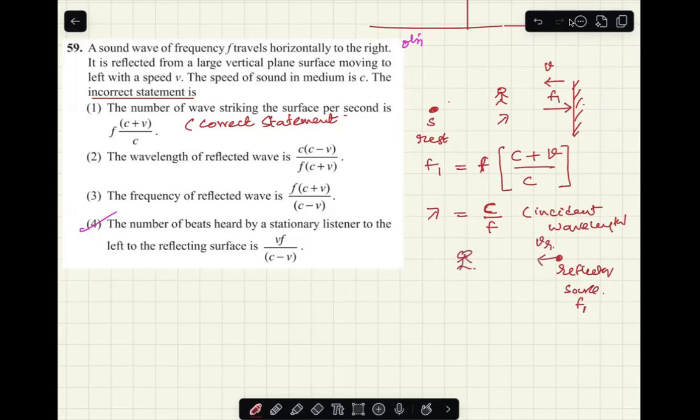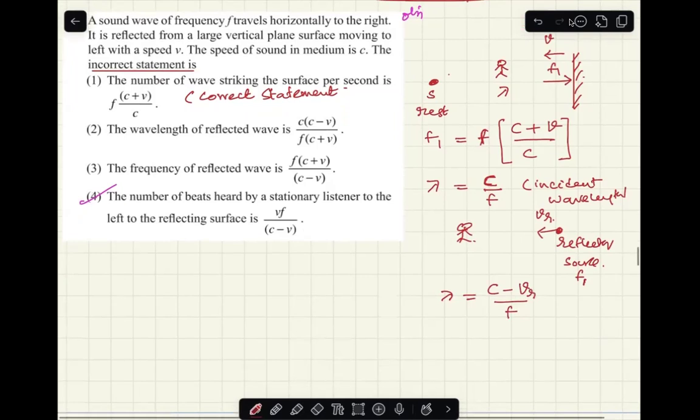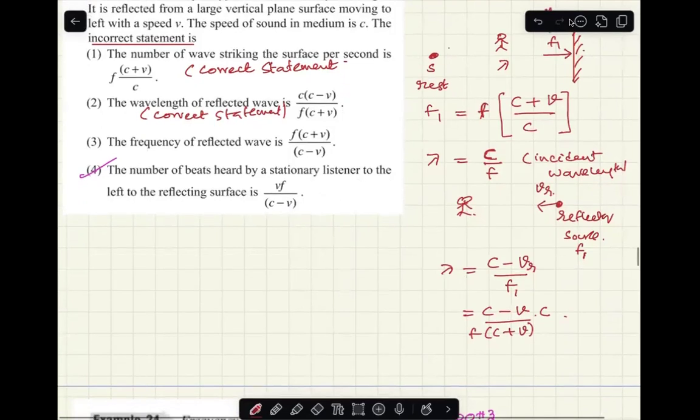So in this space, lambda is c minus v by F1, which is nothing but c into F times c plus v by c. The wavelength of the reflected wave is this. So this is also a correct statement.